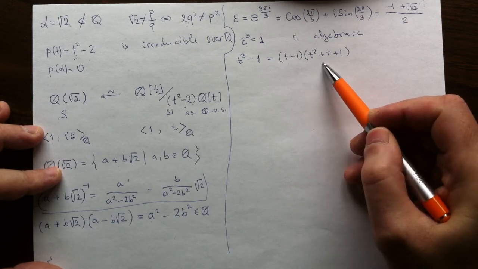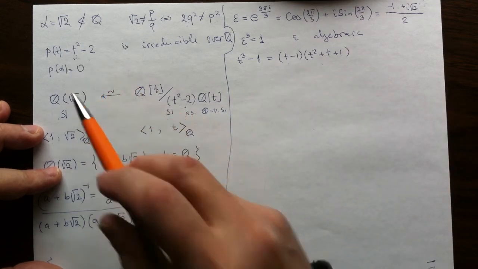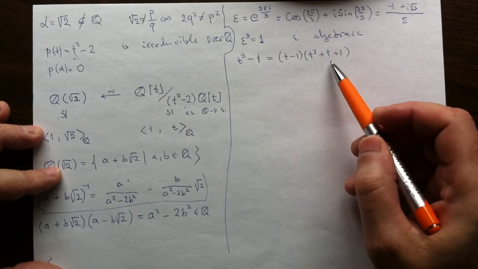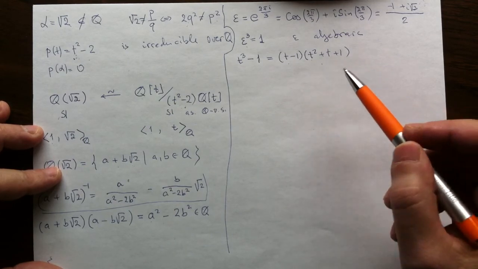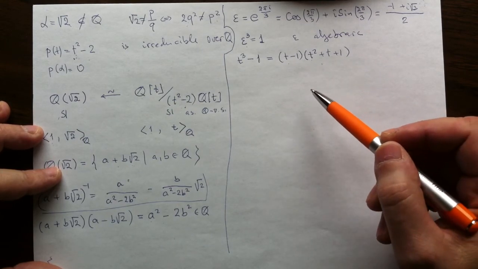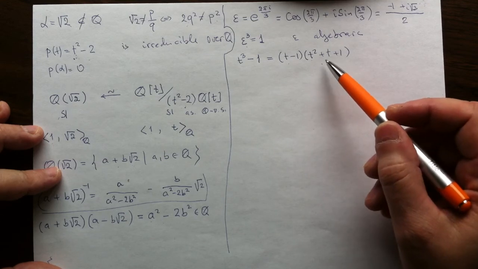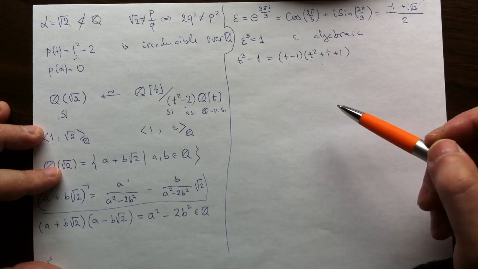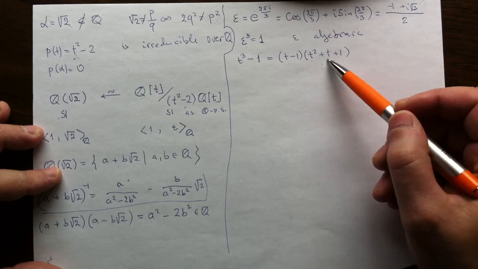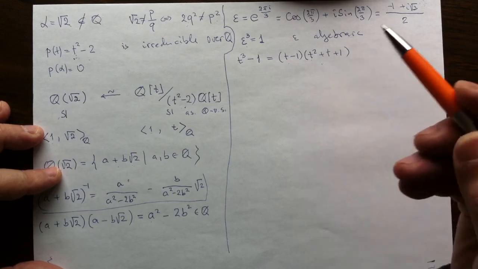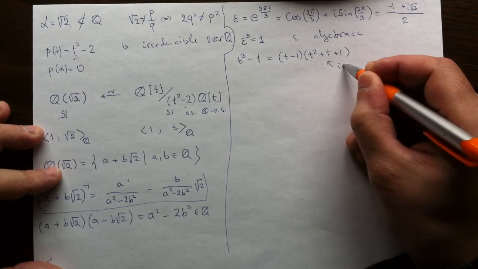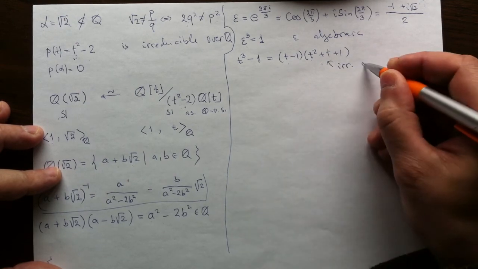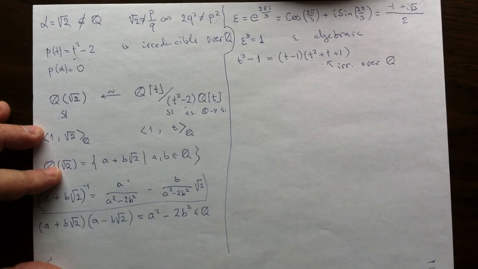And this is going to be its minimal polynomial, because by the previous argument it is of degree 2, so if it factorizes at all, it has to factorize into linear terms. It has to have roots in rational numbers, but one of the roots we know is epsilon, and the other is epsilon conjugate. So they are not rational, hence this is irreducible over the field of rationals.